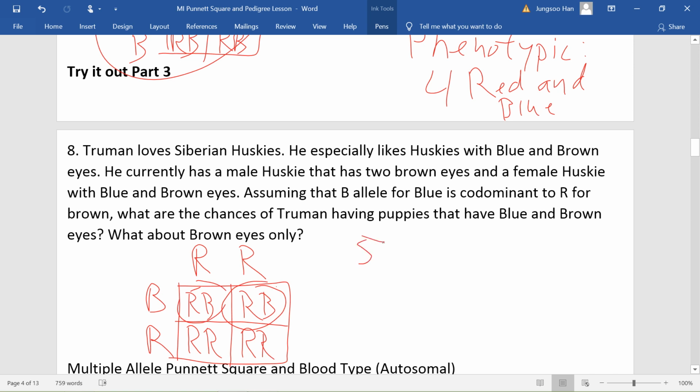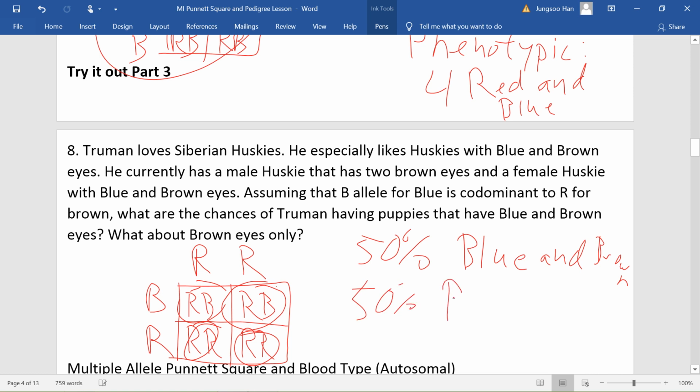So 50% for blue and brown. Okay, and then the other two, big R is for just brown, 2 brown eyes. That's 2 out of 4, so 50% for brown eyes.